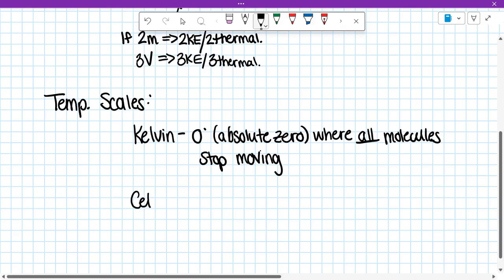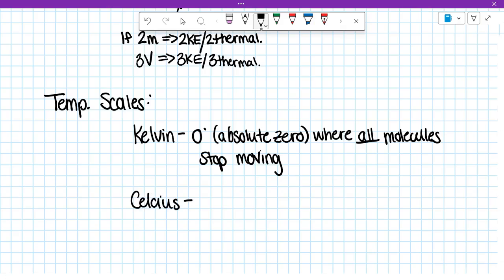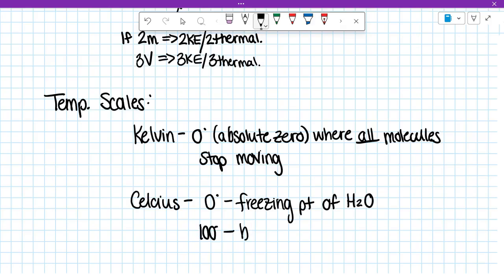Then we have the Celsius scale, and that's based on 0 degrees as the freezing point of water, and 100 degrees is the boiling point of water.